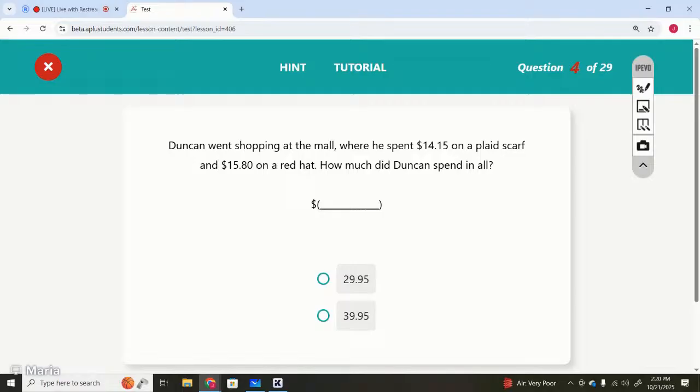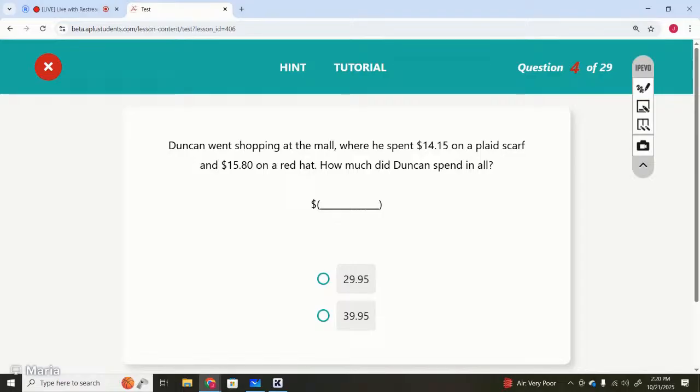Duncan went shopping at the mall, where he spent $14.15 on a plaid scarf and $15.80 on a red hat.